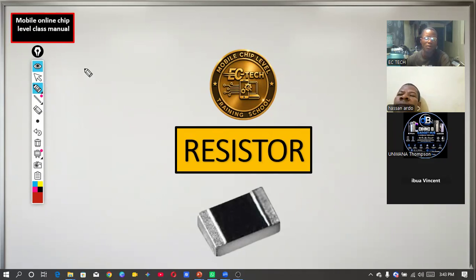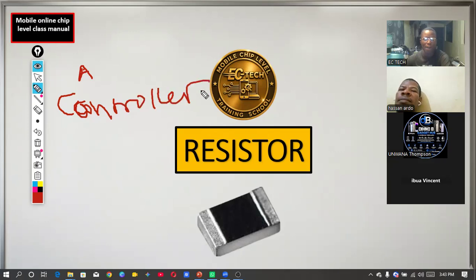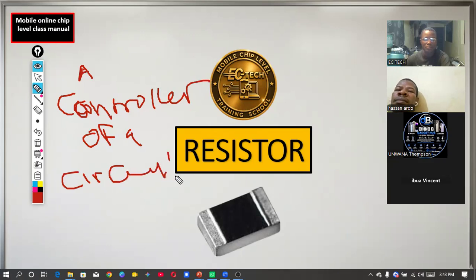I call it a controller of a circuit. So resistor is a controller of a circuit.